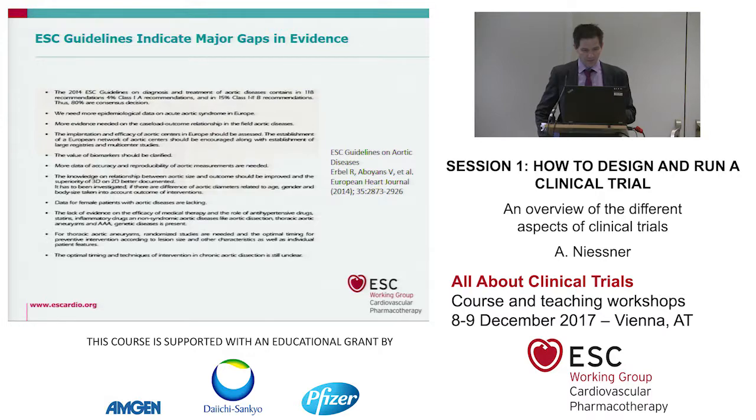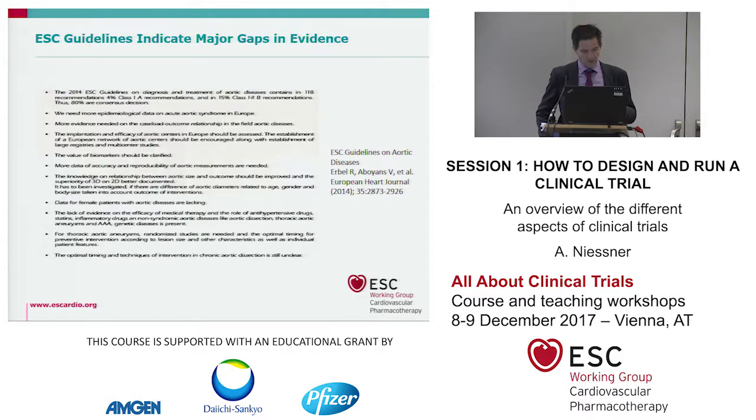So they say we need more epidemiologic data on acute aortic syndrome. There's more evidence needed on the case load outcome relationship, so how many cases you do and how the outcome of an intervention is. The value of biomarkers should be clarified.